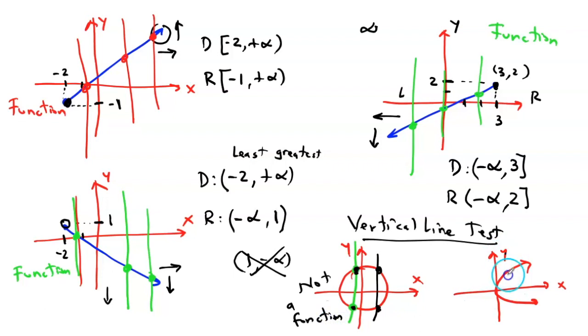Let's go for this parabola. 1, 2, right here, and remember those arrows keep going. I'm touching more than 1 point, not a function. You can only touch 1 point. Okay, I hope it's clear. All these horizontal lines or diagonal lines are functions because my vertical line is going to touch only 1 point. Alright, and that's the vertical line test.